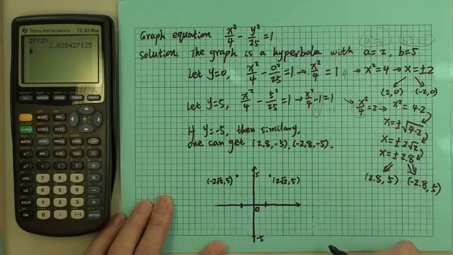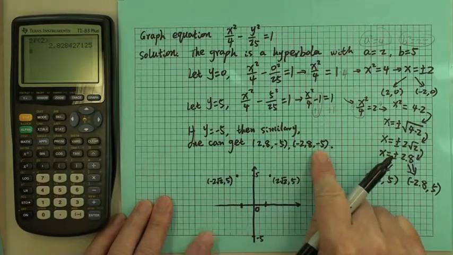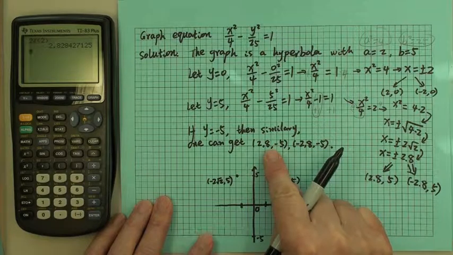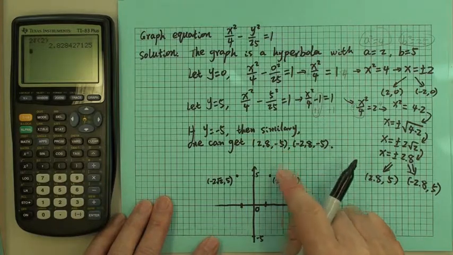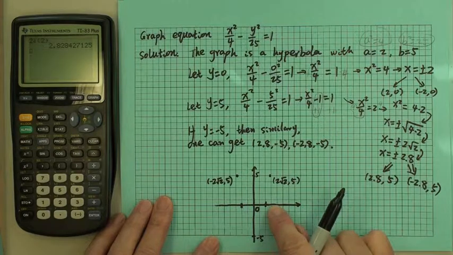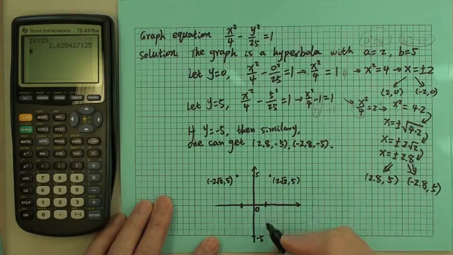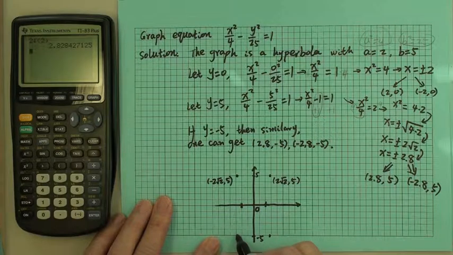Then here will be similar. One is 2.8, negative 5. So 2.8 is roughly here, negative 5 is right here.